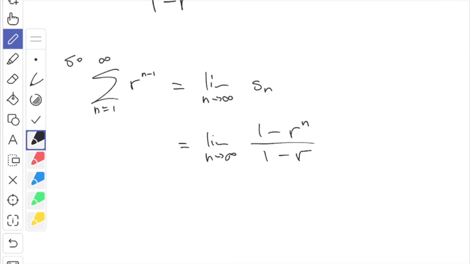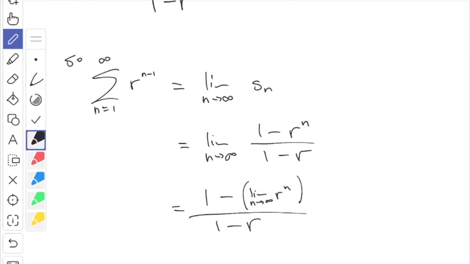And what is that limit? Well, by our old limit rules, all we care about is the r to the n part, because everything else is just a constant. This part up here is the only thing that matters, the limit of r to the n as n goes to infinity.